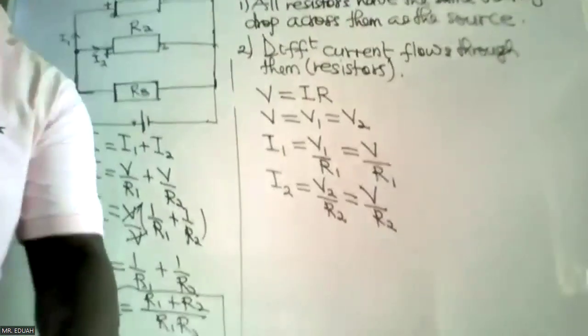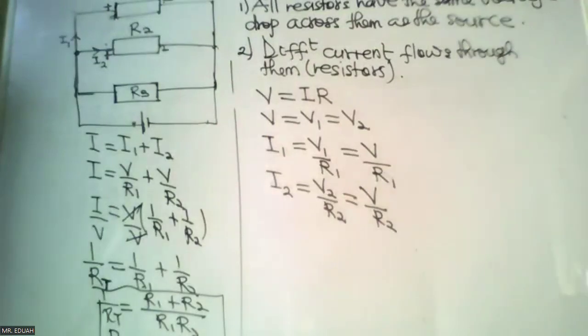Or what is the expression for the total resistance? Start work and think through for me. I'm giving you 3 minutes because we have 3 resistors. Make me proud. So get the expression for the total resistance for the 3 resistors connected in parallel.